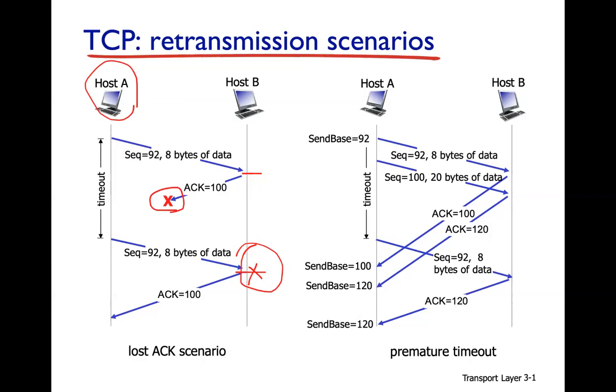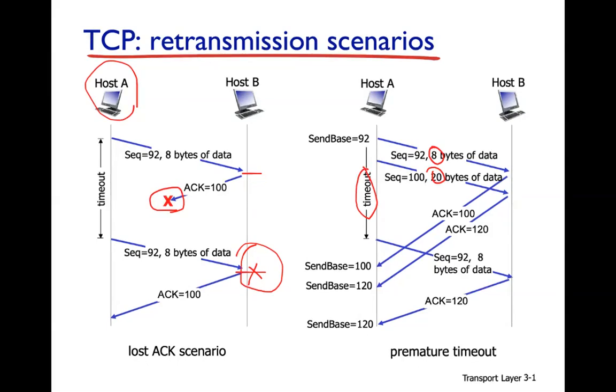So the next scenario is if my timeout is too short. So I give you the sequence number 92, and then another one is 100. So it looks like you do the pipeline stuff. The first one is 8 bytes, the next one is 20 bytes.